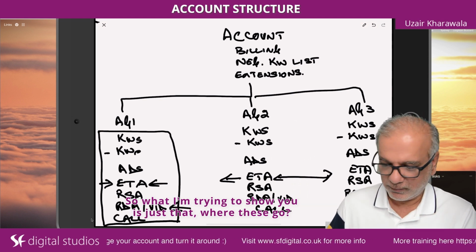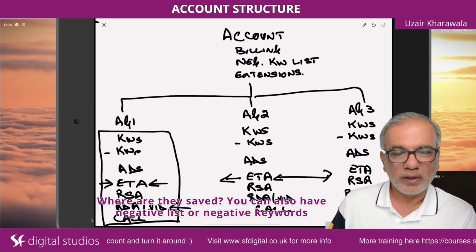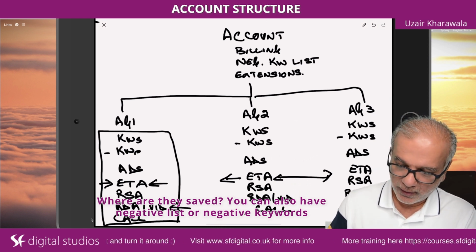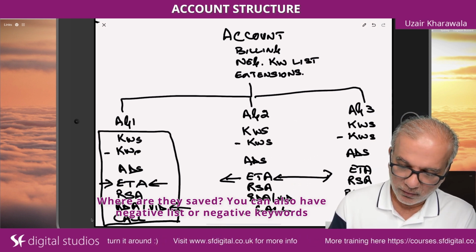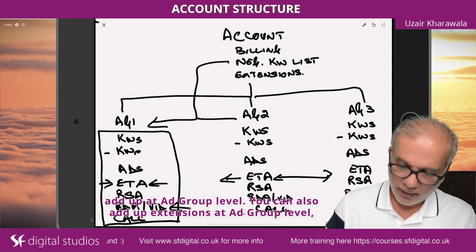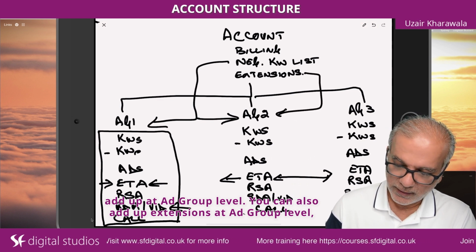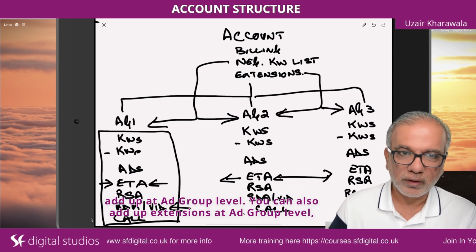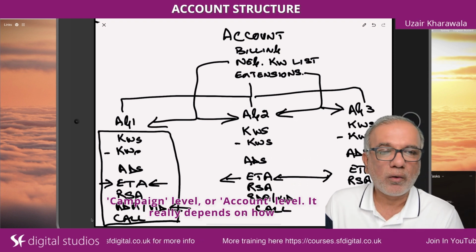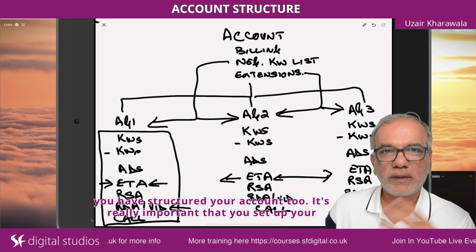So what I'm trying to show you is just where these go, where are they saved. You can also have negative lists or negative keywords set up at ad group level. You can also set up extensions at ad group level, campaign level, or account level. It really depends on how you have structured your account.